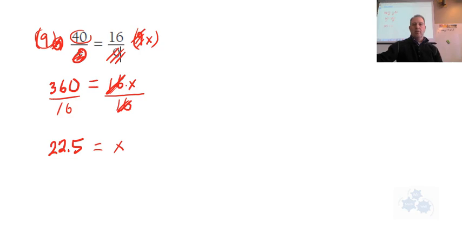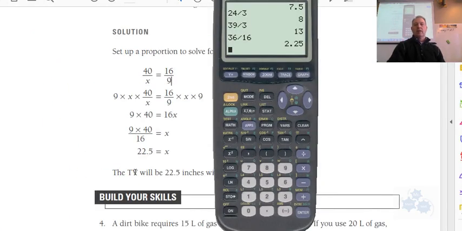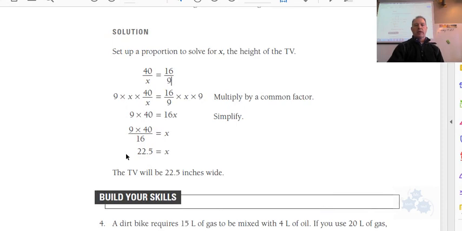Okay, so if we go back to the work here, look, they got the same number, and really they did the same thing. See, 9 times x times that, 9 times x times that. That's what they did. Divided by 16 to get this number. So what this number means, remember we solved for the unknown value, which is the x here, is how tall this TV is.